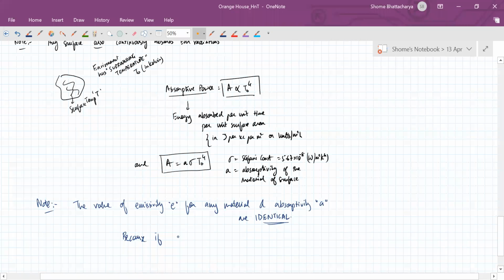if the temperature of the surface is equal to the temperature of the surrounding, then the net rate of heat exchange by radiation should be zero because there is thermodynamic equilibrium. Okay.